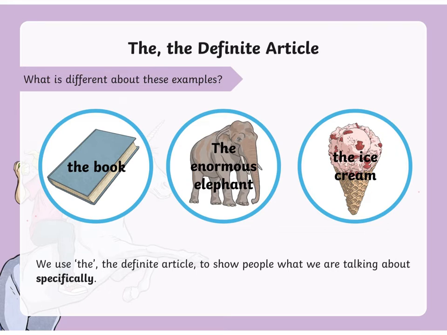We use the definite article to show people what we are talking about specifically. अब हम जब लोगों को बताना चाहते हैं हम किसके बारे में स्पेसिफिक कर रहे हैं, जिसके बारे में हम पहले जानते हैं. अब बुक है, हम कौन सी बुक की बात करें जो तस्वीर में हमें दिखा रहे हैं. हम किस आइसक्रीम की बात करें जो हमें पिक्चर में नज़र आ रही है. हम कौन सा एलिफेंट की बात करें जो हमें स्पेसिफिकली दिखाया गया है पिक्चर में. We are talking about that elephant. ये डेफिनेट है. That is the.